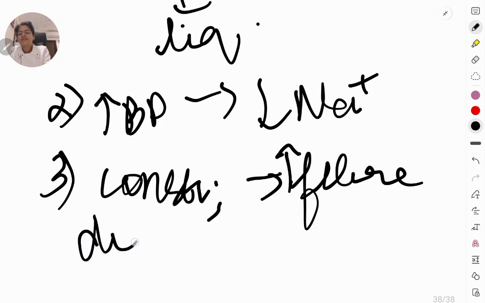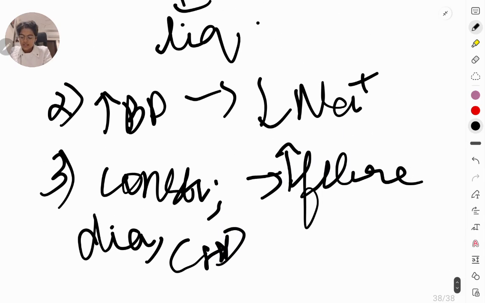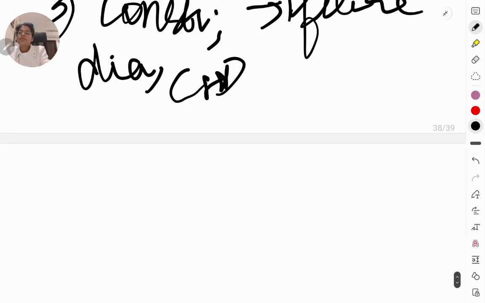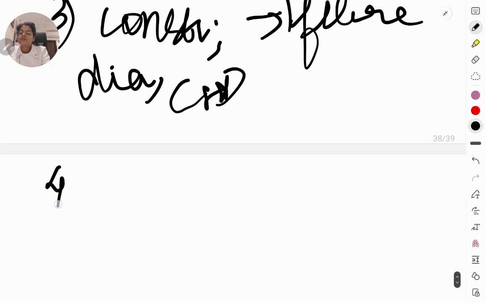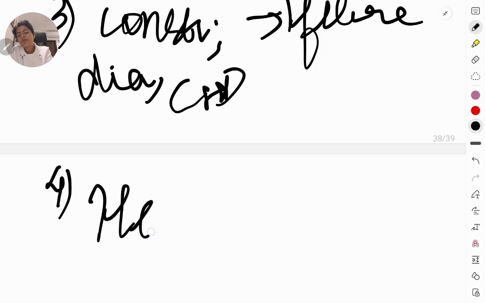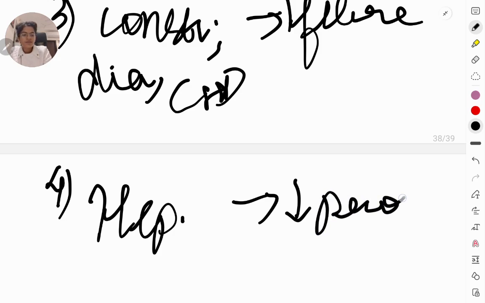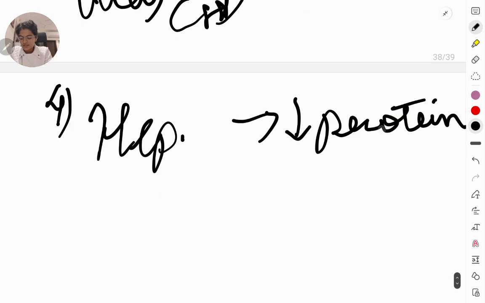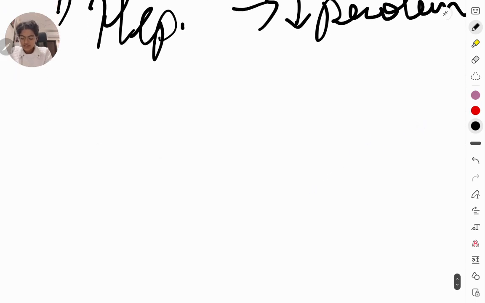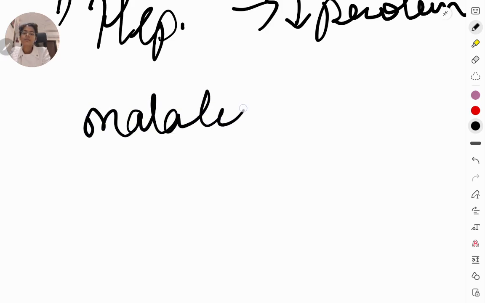Also for diabetes mellitus and coronary heart diseases. If there is a patient with hepatic encephalopathy, then there should be low protein. Clear? So these are some of the things. Also if there is a patient with malabsorption, then there should be low fat diet.